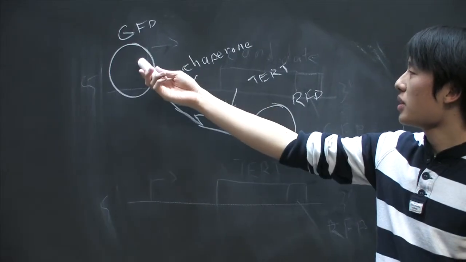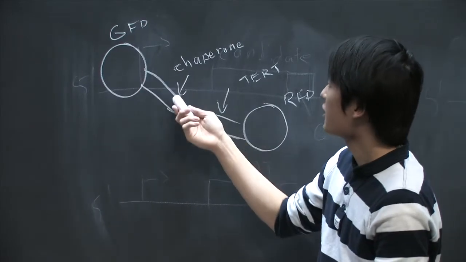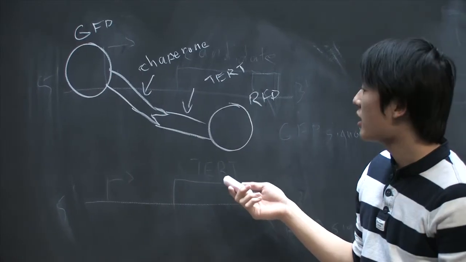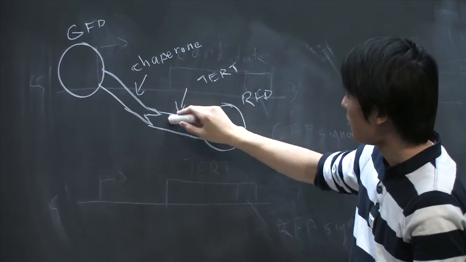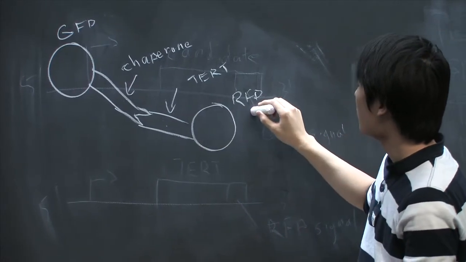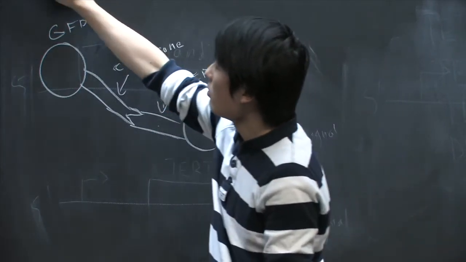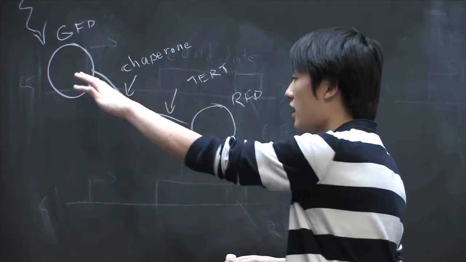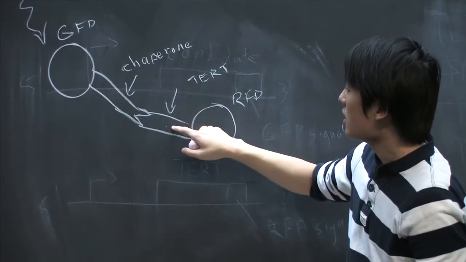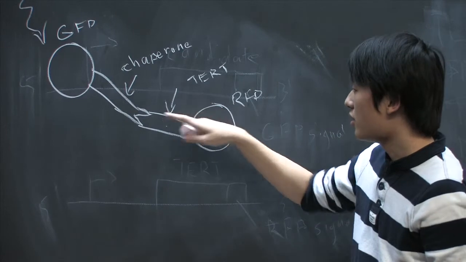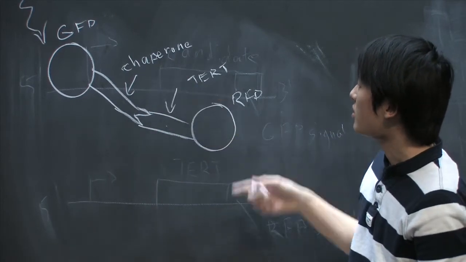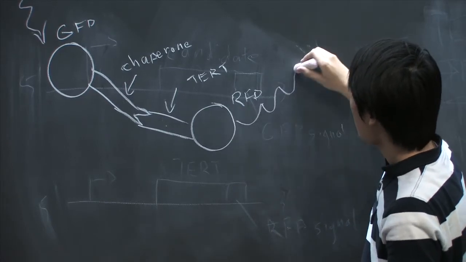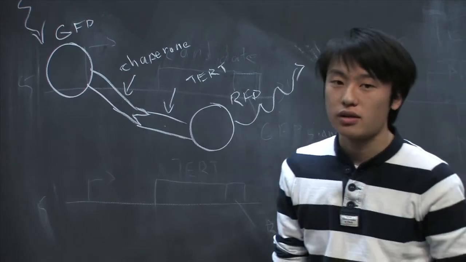So if you have the GFP protein attached to the chaperone, and then you have one of the telomerase subunits attached to the RFP, then when you use fluorescence microscopy, you're going to excite the fluorophore present in GFP, and there's going to be energy transfer across the two binding domains of the chaperone and the telomerase subunit, and thus the energy is going to be emitted as fluorescence light of a different wavelength.